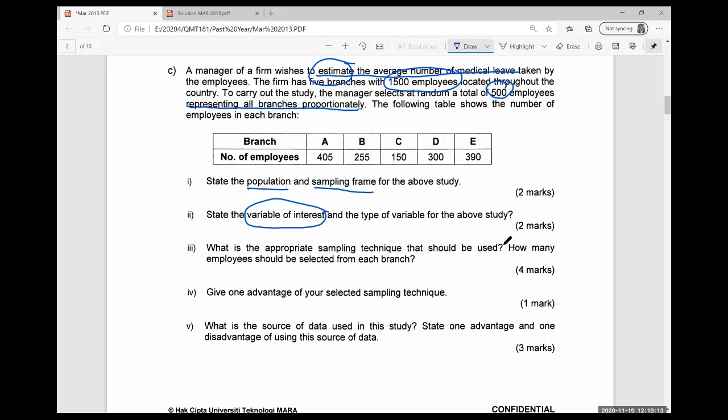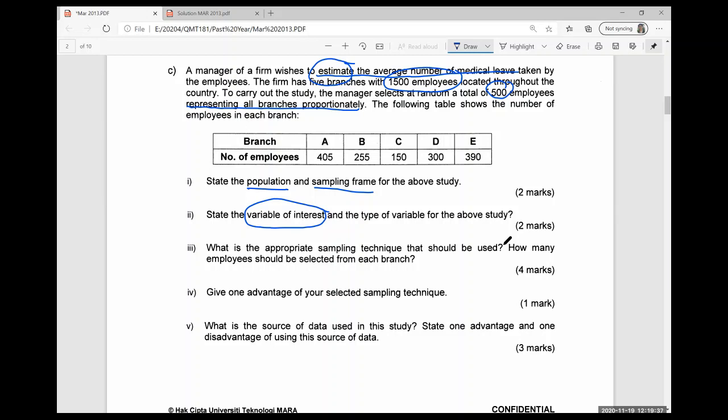So he wants to estimate the average number of medical leave. That means the variable will be the average number of medical leave. Basically, the general form of the variable will be number of medical leave taken.